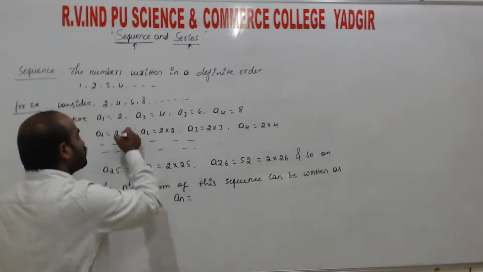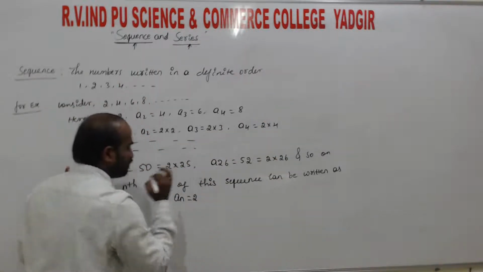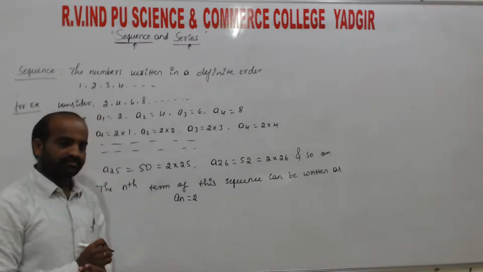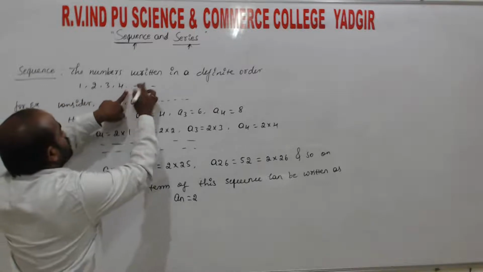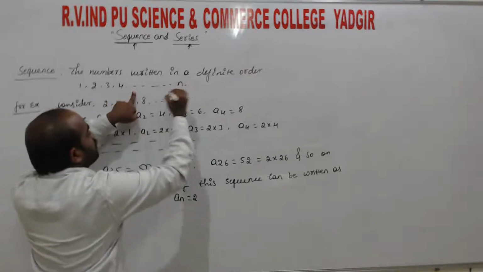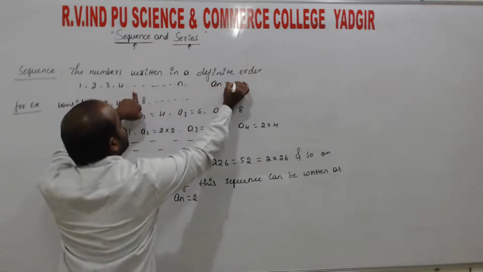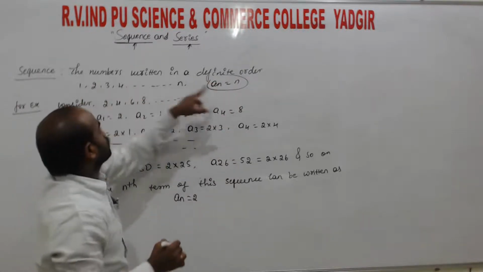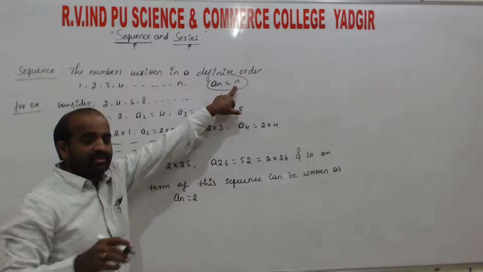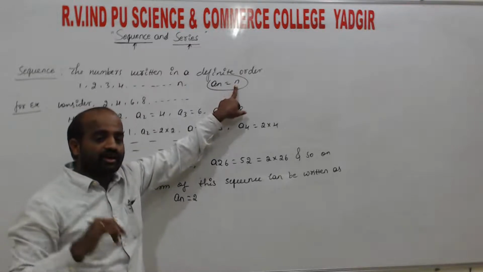This means 2 will be constant. Previous one, 1, 2, 3, and so on, n. The nth term is n only, because n equal to 1 gives 1, n equal to 2 gives 2, and for n we replace n, where n is natural numbers.